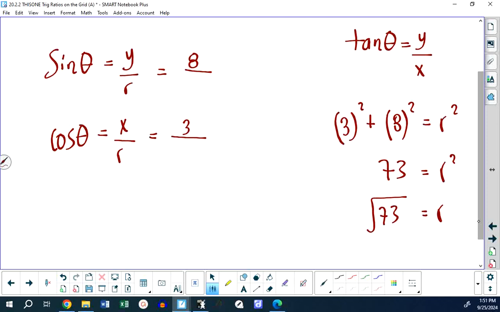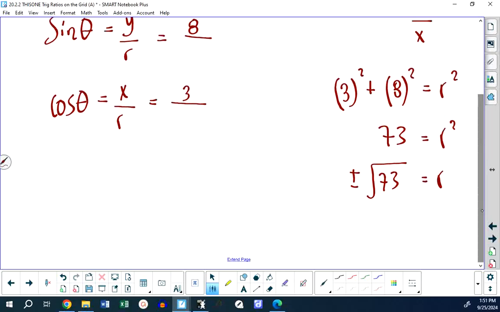Okay, well, hang on a second. Shouldn't I put plus or minus? I guess I should. I really should. But r is always greater than 0. We don't need to consider that here. I mean, you could say it's either positive root 73 or negative root 73, but we're just going to say positive root 73.